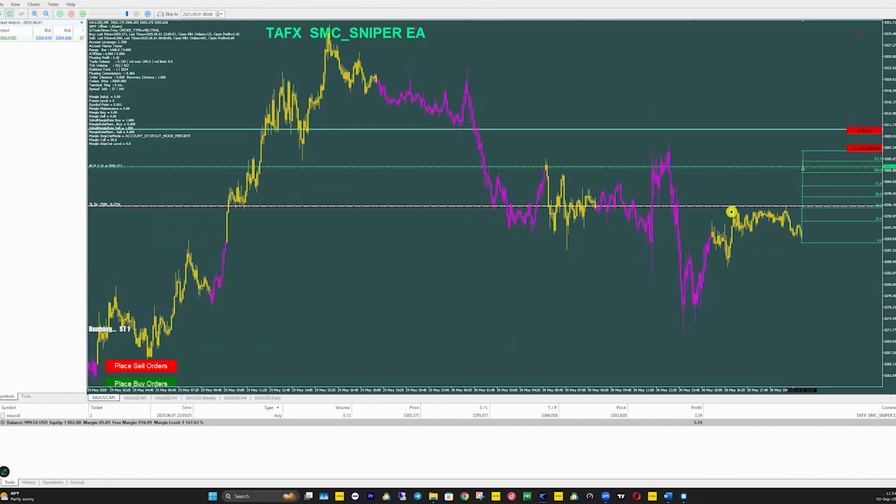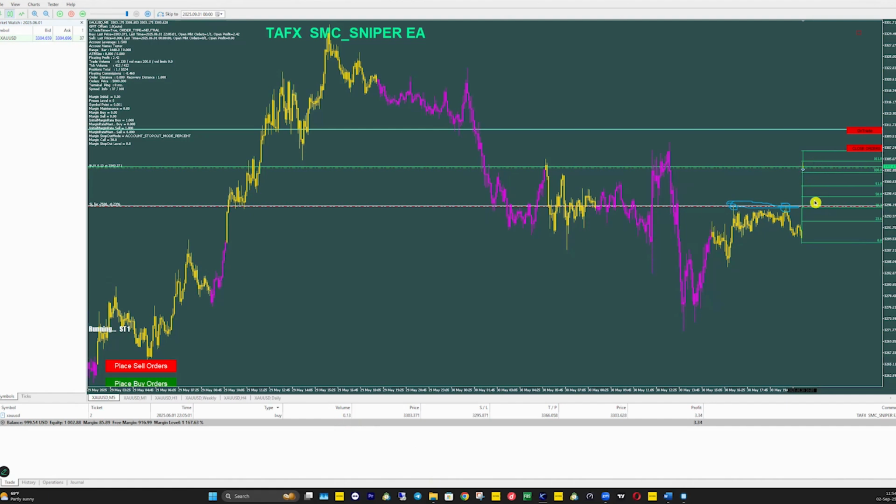So just check the end of this candle here, so that whenever we are talking about it, you can see the stop loss is at the end of this candle and at the end of this candle. Hope you are getting it. So at that point, you can see the lot size has increased to 0.13.